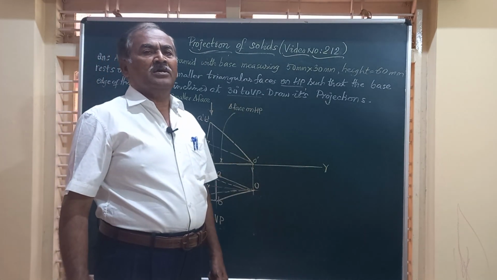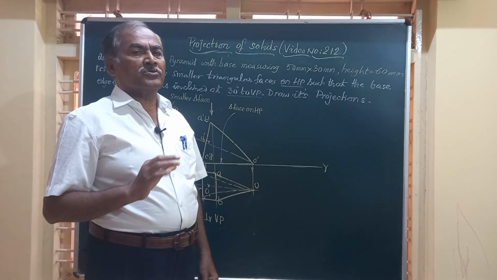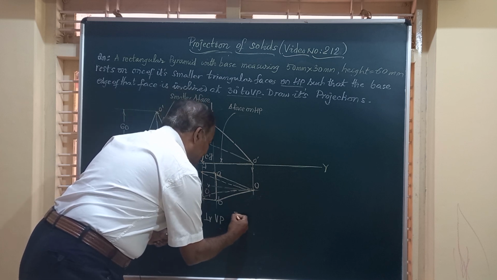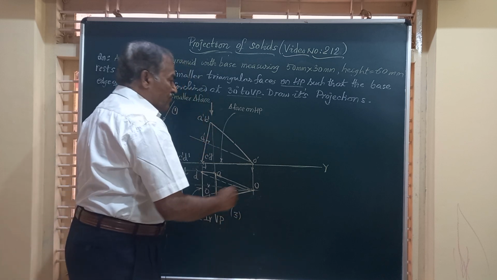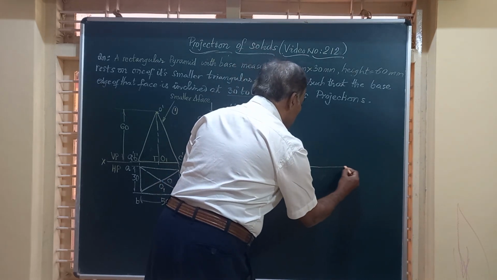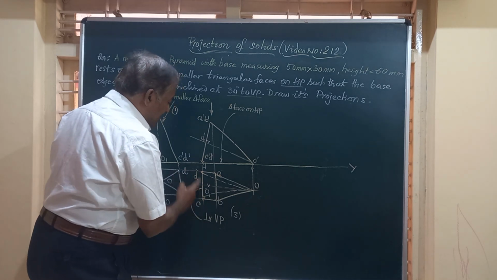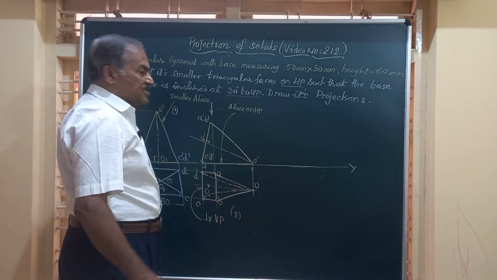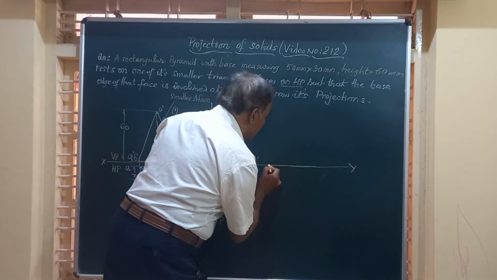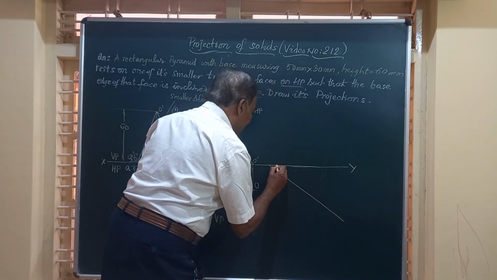And you know very well, inclination to VP can be seen in the top view. So friends, I am going to reproduce this figure number 3 as figure number 4 by drawing this top view, with CD making an angle of 30 degrees with the vertical plane. So friends, let me draw that 30 degree line anywhere along this axis.